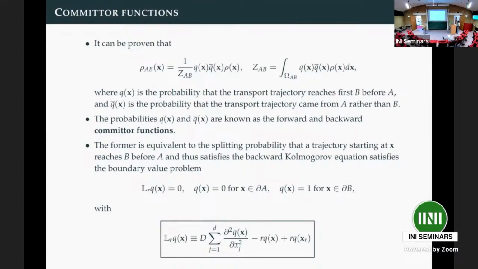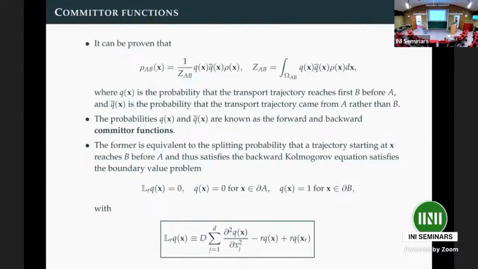Well, q of X is a splitting probability. It's the probability that if I'm at X, I've reached X such that I'm just trying to, you can see it's not easy to explain.